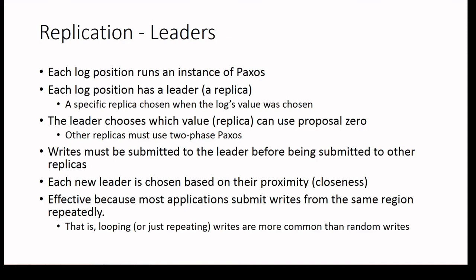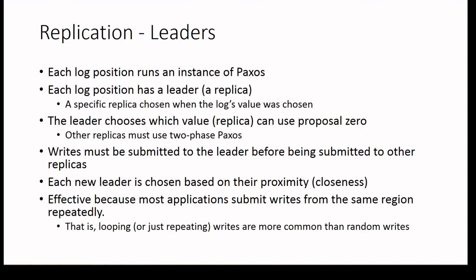How's a new leader chosen? A new leader is chosen primarily based on closeness. So if you've got a particular piece of data that you're writing to, Megastore will try to choose the closest replica to that piece of data and choose that one as the leader. They found that this was effective because most applications tend to write to the same region over and over again.